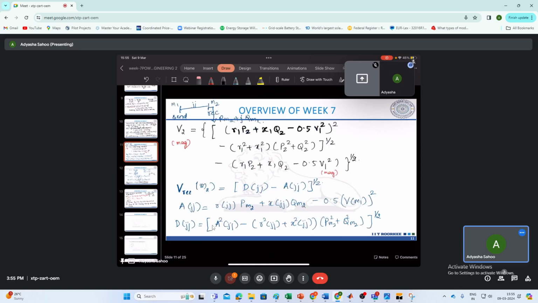You see this one. So once this P total and Q total are calculated, I can then compute the A and D. So for first iteration, first branch, Vm1 is the sending end voltage, so that will be 1, right?